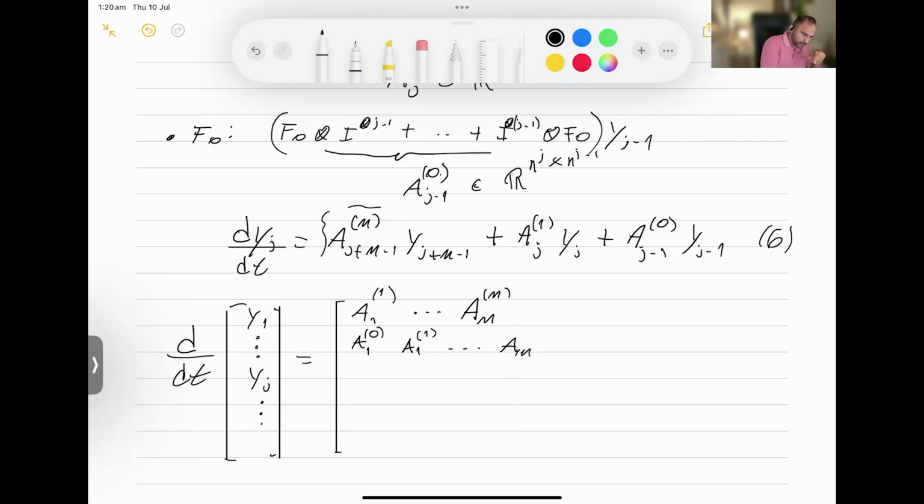Here it's 2, here it's supposed to be M plus 1. And you keep doing that, right? I'm not going to write for J here, but it's just the idea, just repeat for J. Here you have to pay much more attention to these things.